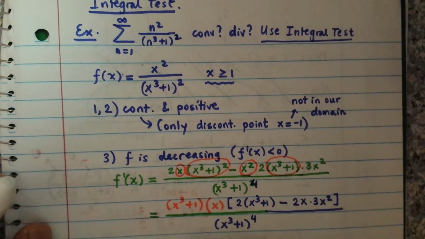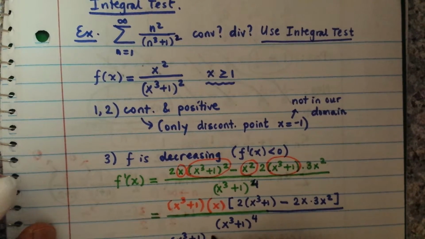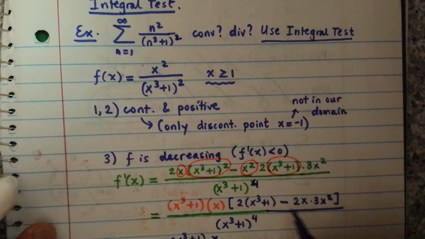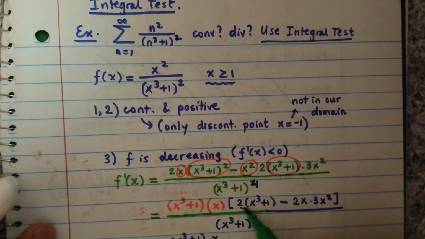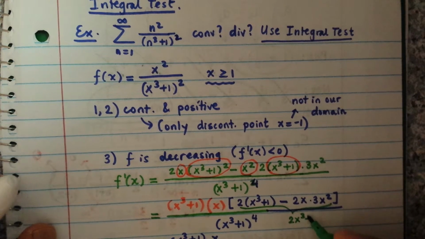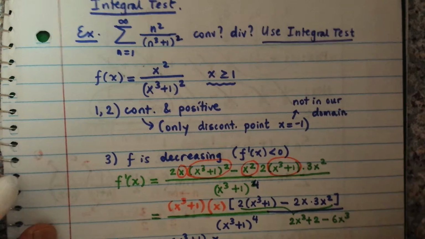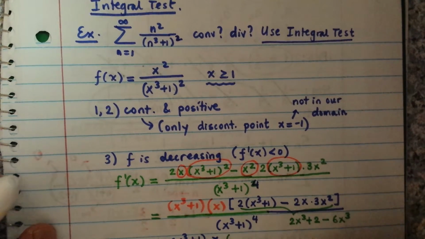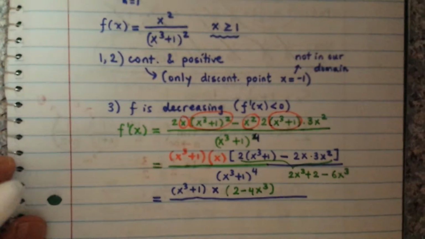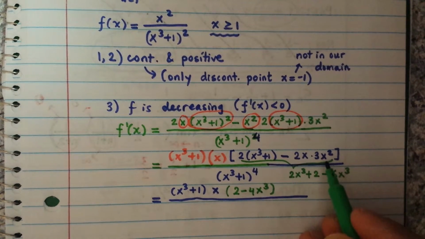So if you really simplify this, you can see that will be (x cubed plus 1) times x, and here I have 2x cubed. If you compute just this part, you're going to see this is 2x cubed plus 2 minus 6x cubed.